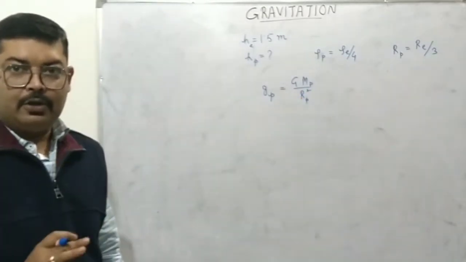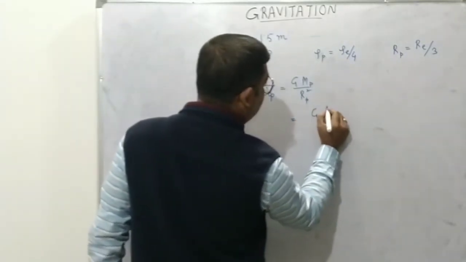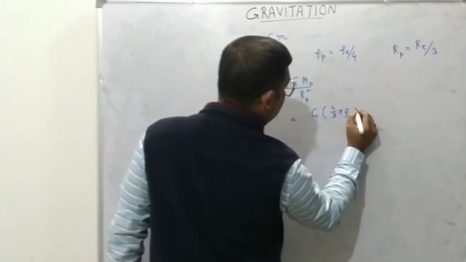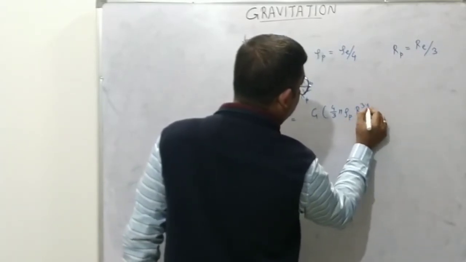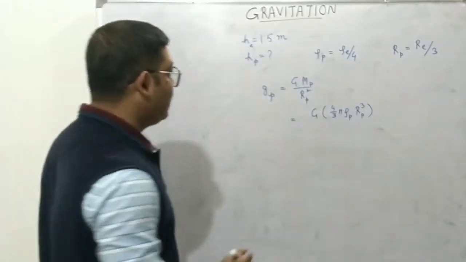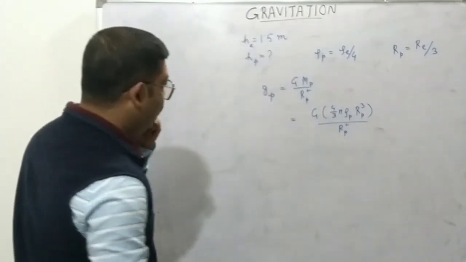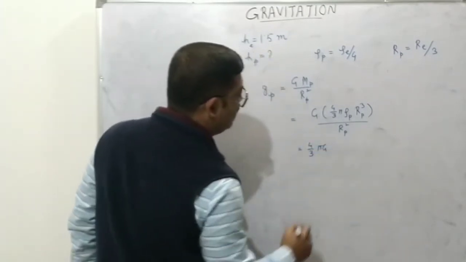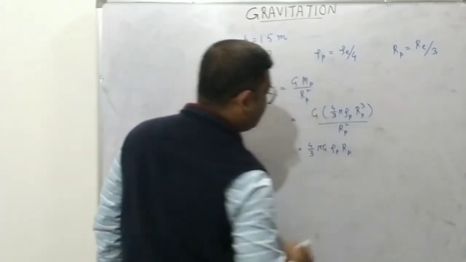G is given by GM by r squared on the surface of the planet, which will be G times 4/3 pi rho of the planet times radius of the planet cubed. 4/3 pi r cubed is the volume of the planet multiplied by the density of the planet, right? Divided by r p squared, which will be 4/3 pi G, these are constant, rho p, and these two will give us r of the planet.